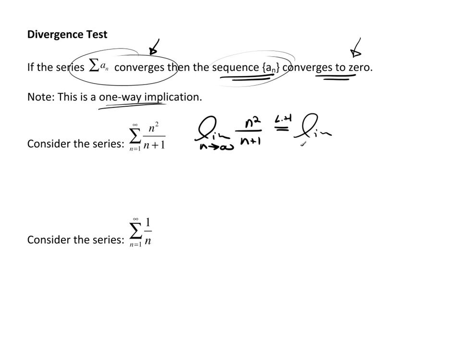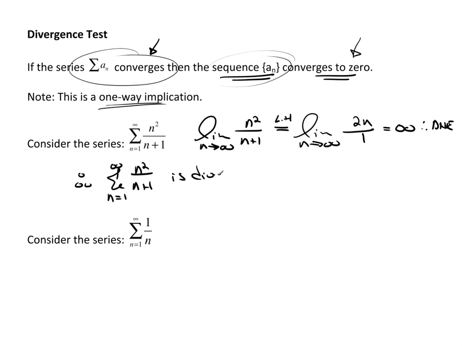The limit as n goes to infinity of 2n over 1, which equals infinity, which is divergent. Therefore, the limit does not exist. Therefore, this series, n equals 1 to infinity of n squared over n plus 1, is divergent.